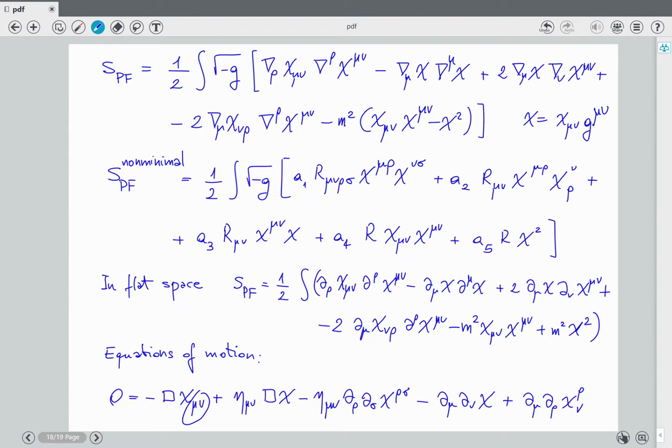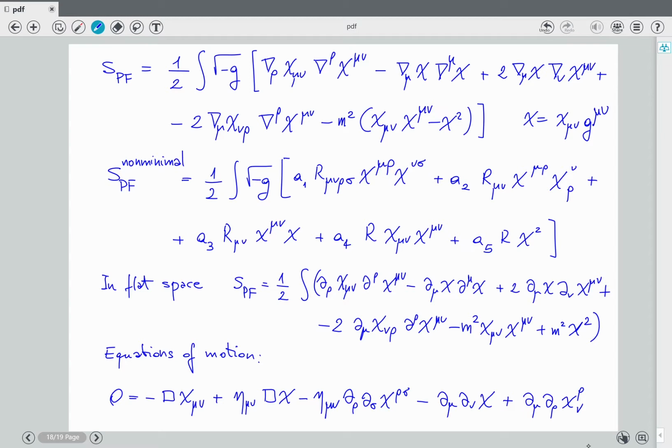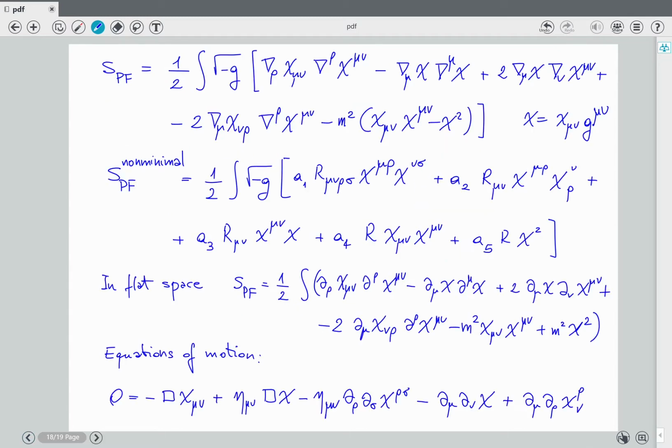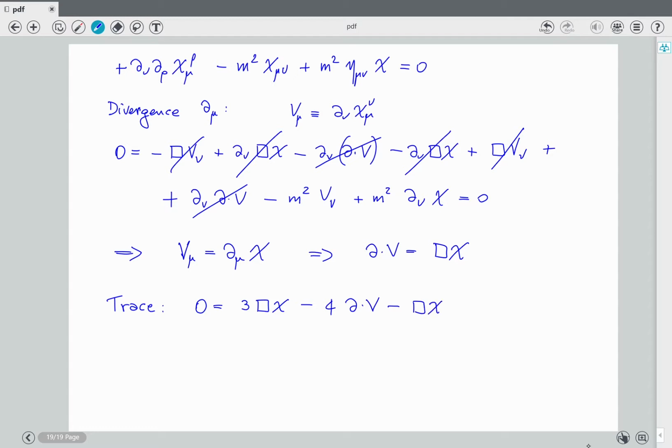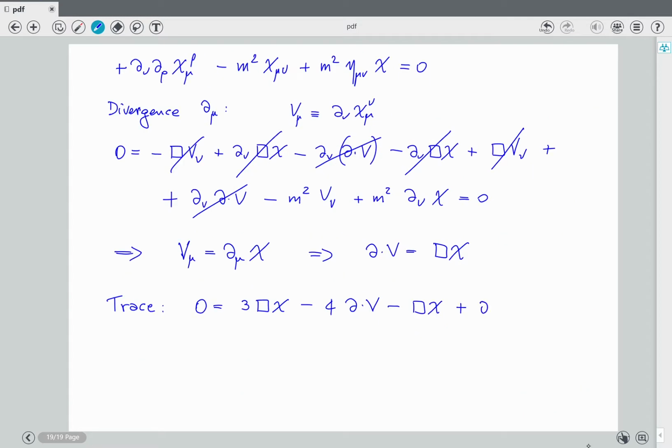Here you have minus box chi plus 4 box chi, so you have 3 box chi, minus 4 divergence, minus box chi, plus double divergence of chi, so plus the divergence of V, plus another time the divergence of V, so from here, and then minus m squared chi plus 4 m squared chi.